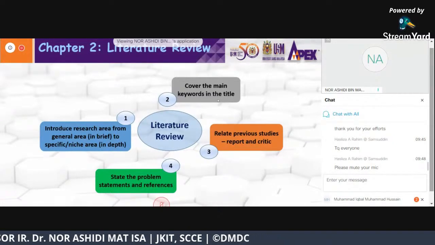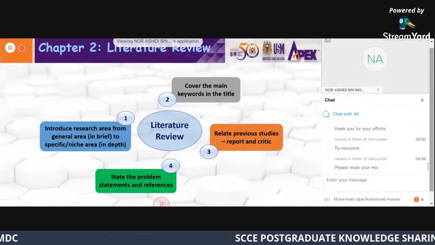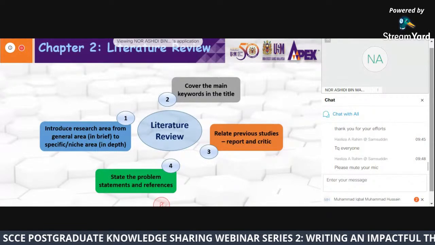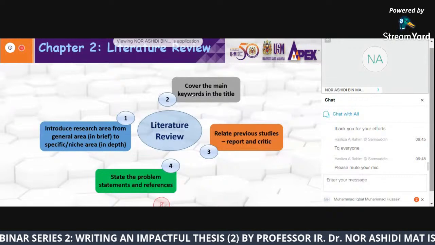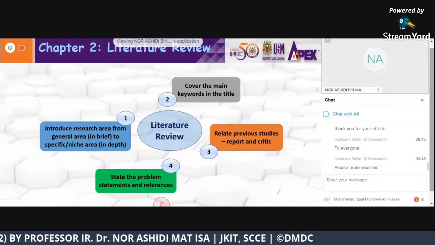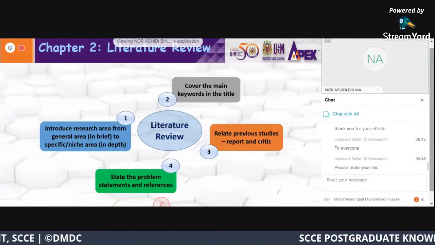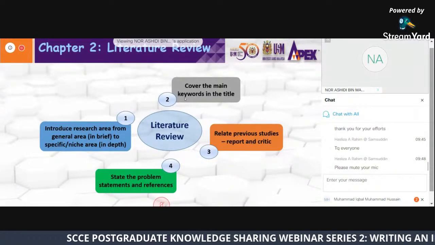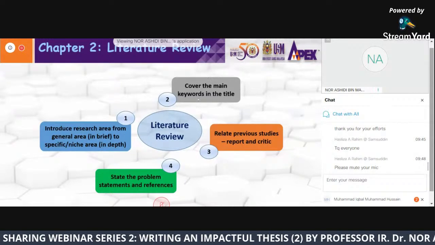As I mentioned to you, the title will generally feature the whole content of your thesis. So you must make sure that every keyword is actually a main keyword, an important word that must be highlighted, considered and discussed in detail in your thesis. So make sure you know your main keywords, and that your literature review covers them.